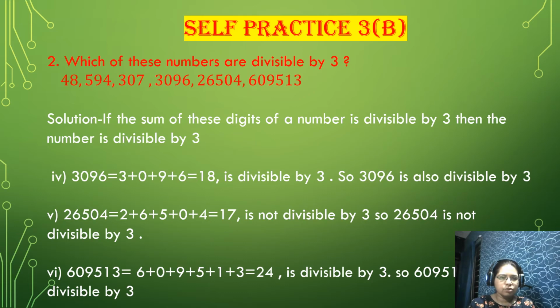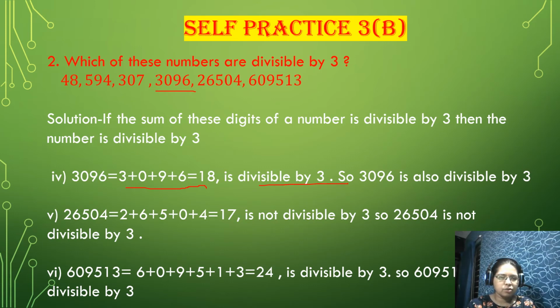Now 3096. Its digit sum, that is the sum of the digits, is 3 plus 0 plus 9 plus 6. 3 plus 0 is 3, 3 plus 9 is 12, 12 plus 6 is 18. We know 18 is divisible by 3. So 3096 is divisible by 3.